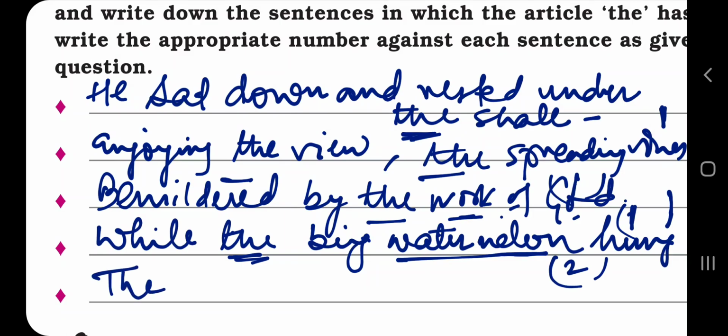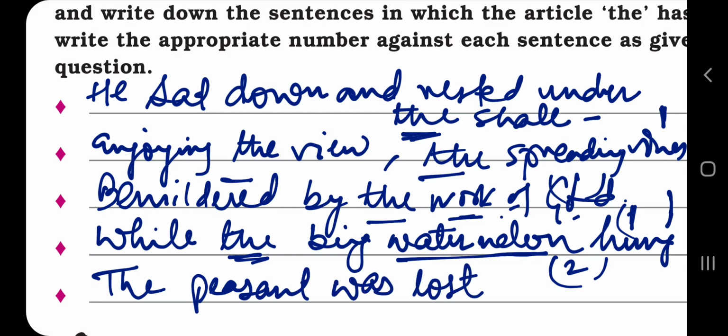The peasant, the same peasant who was observing all these things and thinking and pondering, the peasant was lost in his thoughts. Mind the spelling, please. So again, the peasant, we are talking about the same person, so it will be 2.